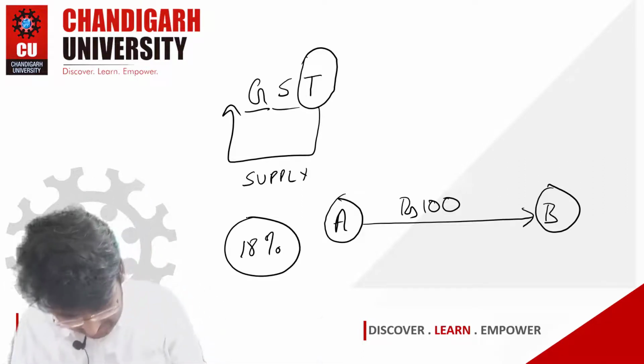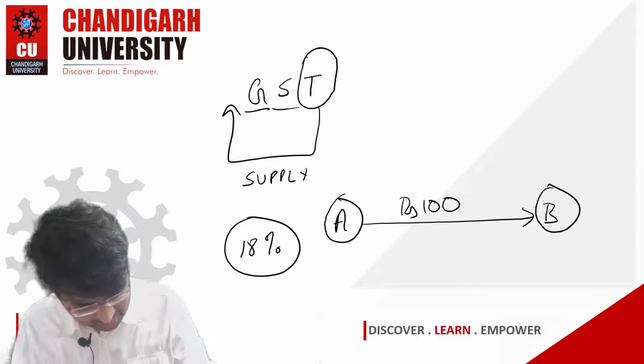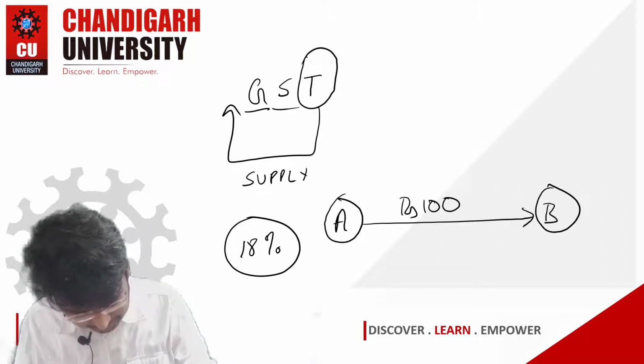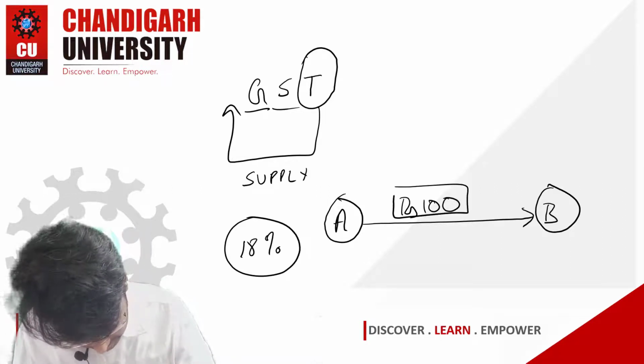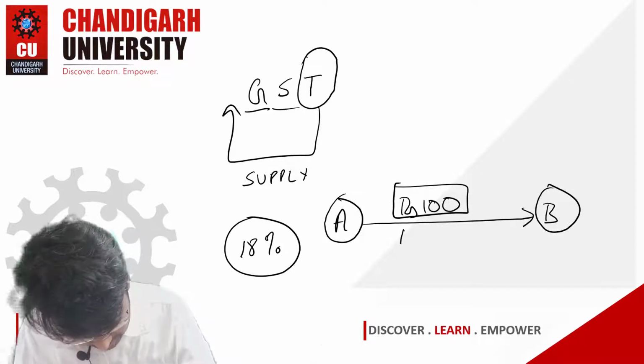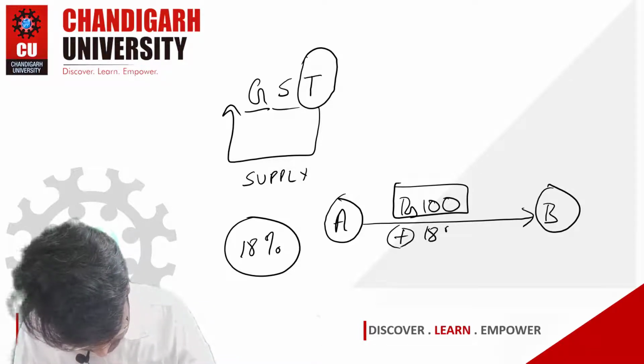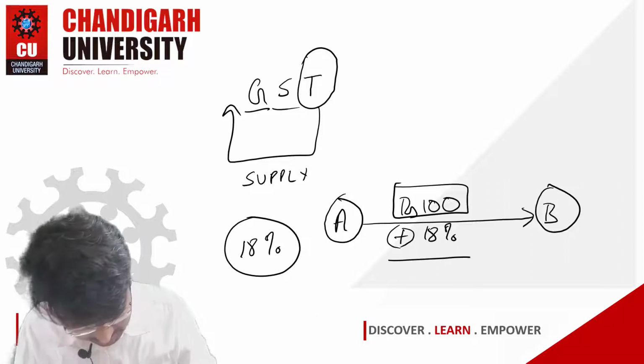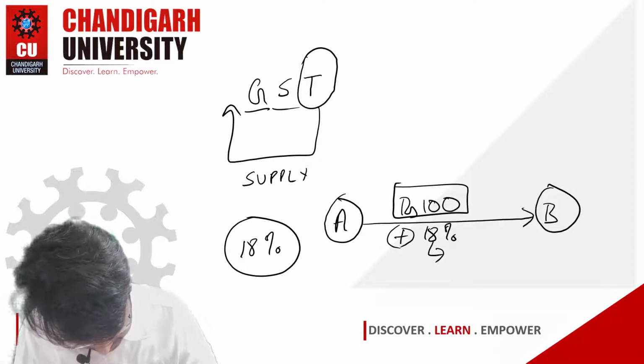So let us say that GST is 18%. It means when A supplies goods to B, the amount is rupees 100 plus 18%, that is 18 rupees will be of GST.